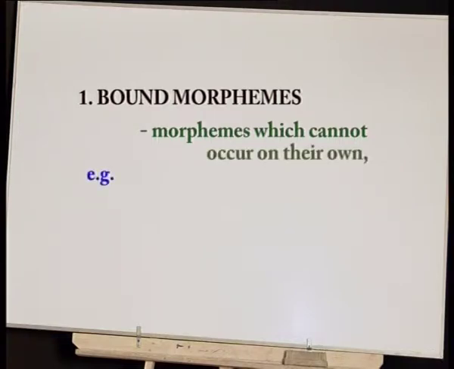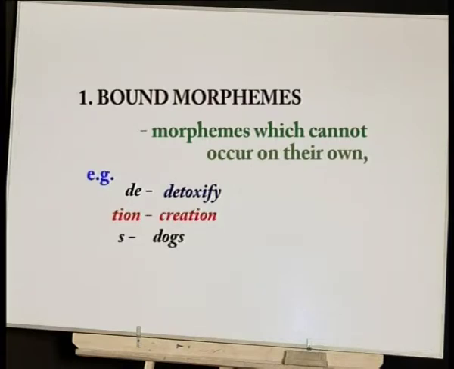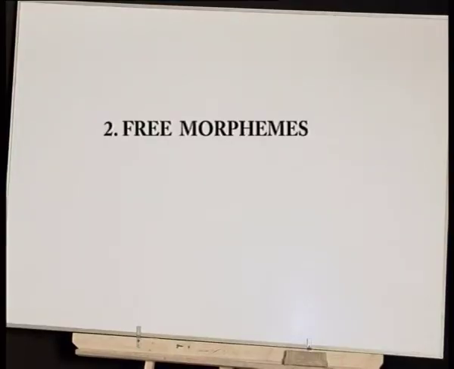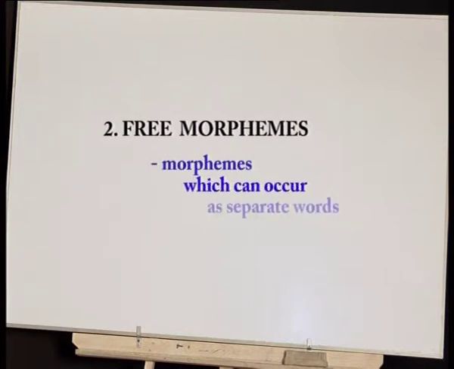For example, de in detoxify, tion in creation, or plural form s in dogs, cran in cranberry, etc. Free morphemes are morphemes which can occur as separate words. For example, car, yes, etc.